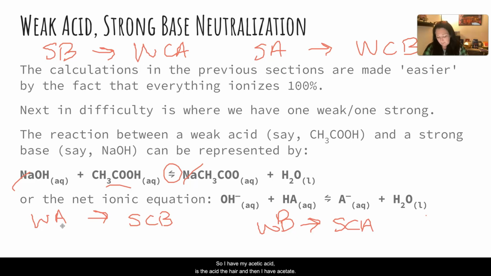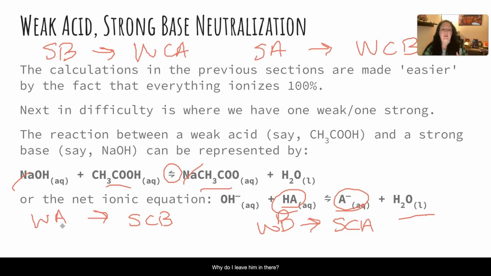So I have acetic acid as the acid, the HA, and then I have acetate. Acetate is going to be floating around doing stuff, so he's my conjugate. So we're going to leave him in there, and then I have water, and so on and so forth.